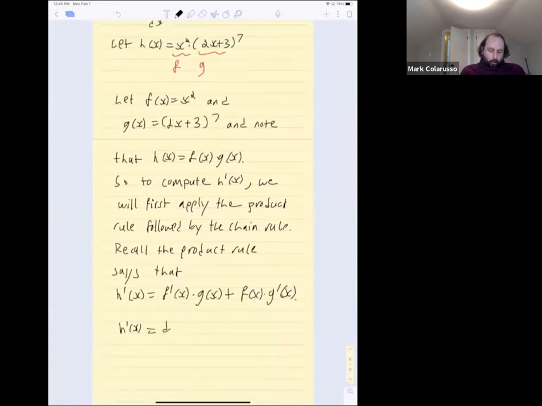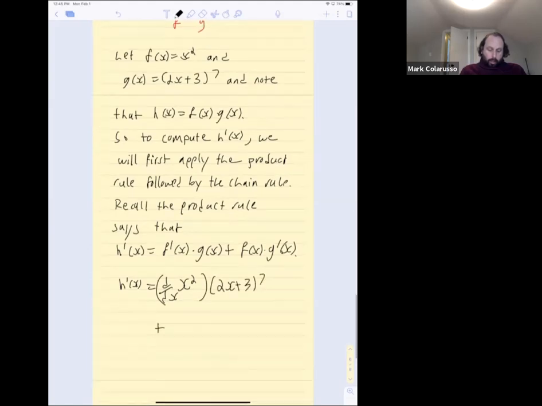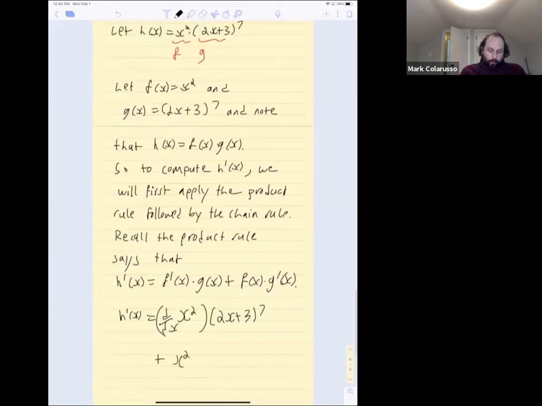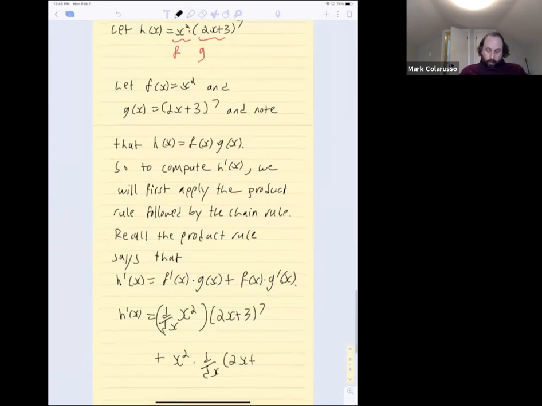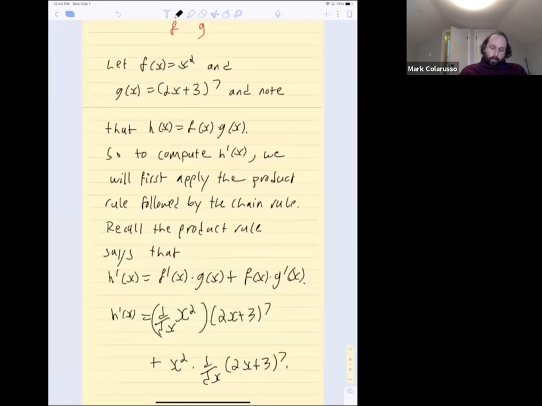So h prime at x is the derivative of the first guy, so the derivative of x squared times g, plus, I'll go down this line, x squared times the derivative of g. Right, so the derivative of 2x plus 3 raised to the 7th power.